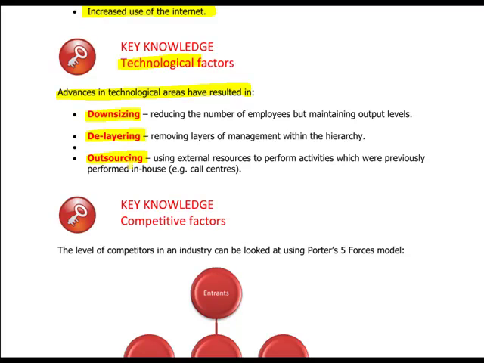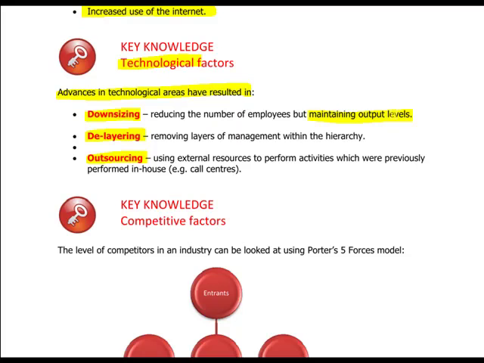Now, what do these terms mean? Downsizing means we maintain the output levels, but we reduce the number of employees that are needed to maintain those levels. So we downsize the size of the organization, the size of the employees. Delayering, removing layers of management.